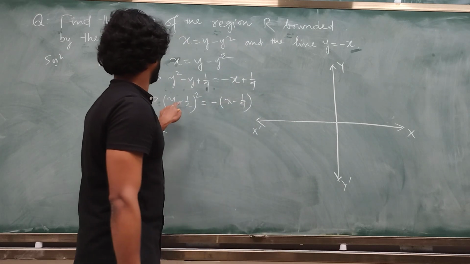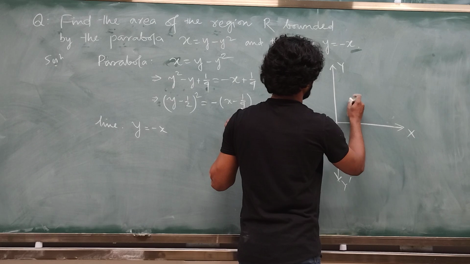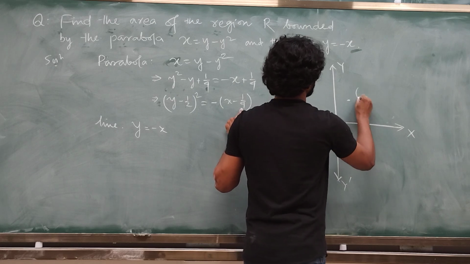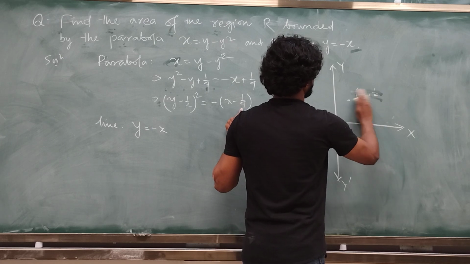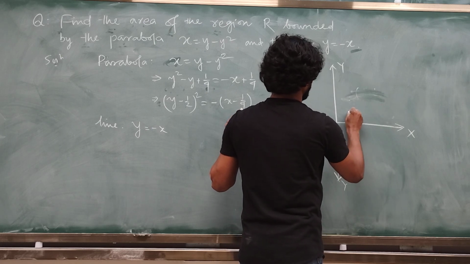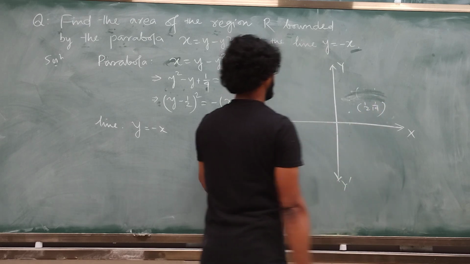This is passing through the point half comma 1 by 4, half comma 1 by 4.